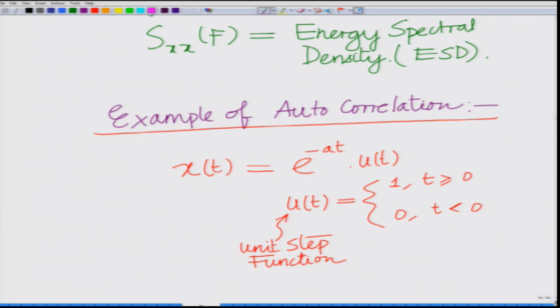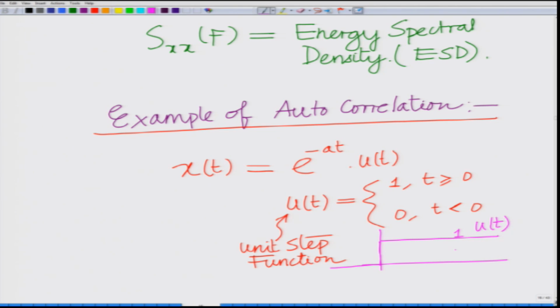This is known as the unit step function, correct. This is 0 for t less than 0, and for t greater than or equal to 0, this is 1.